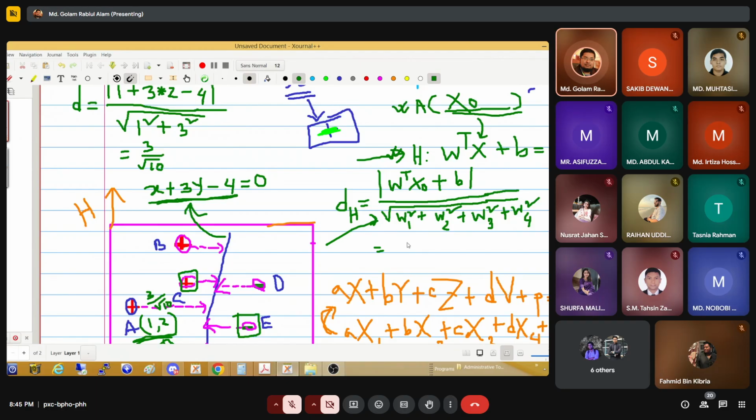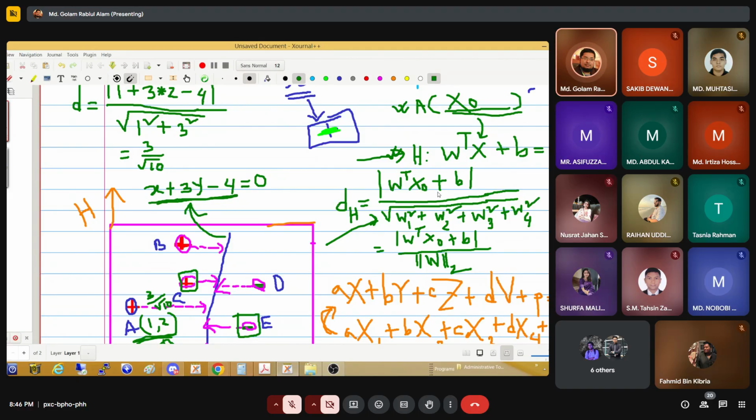So we can write it this way. The numerator here is W transpose x0 plus b, divided by the Euclidean norm, also called norm 2, of our W. Norm 2 is the square root.